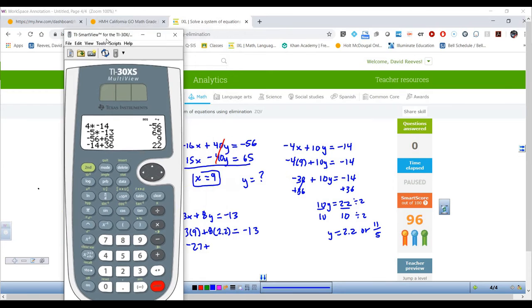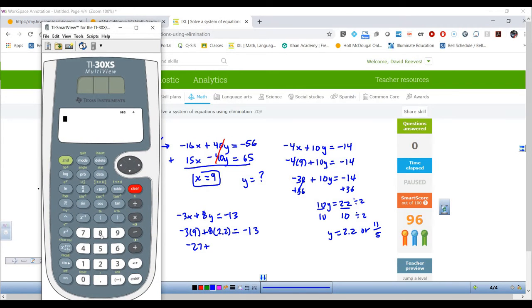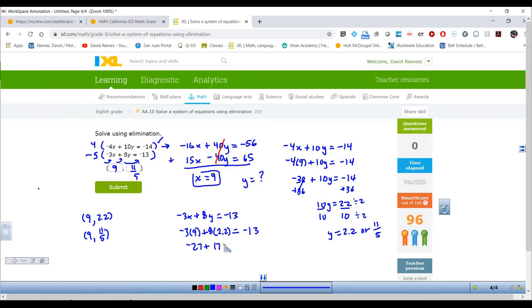And I'm going to do, let's see here, 8 times 2.2 equals 17.6. And what do I realize? I realize that that answer is incorrect. Well, this is the first time this has ever happened. I made a mistake. I checked my answer and it didn't turn out to be correct.